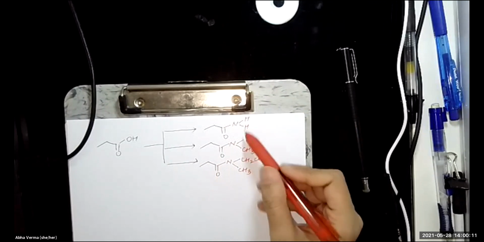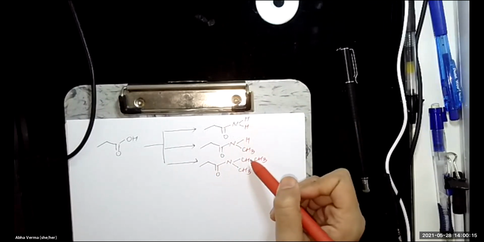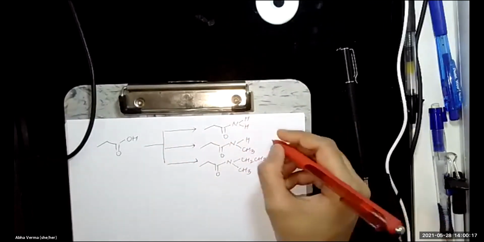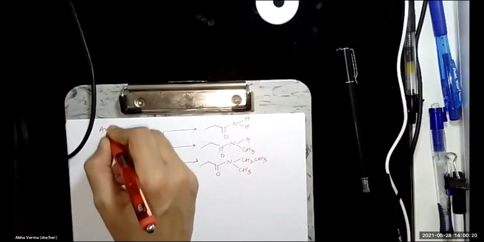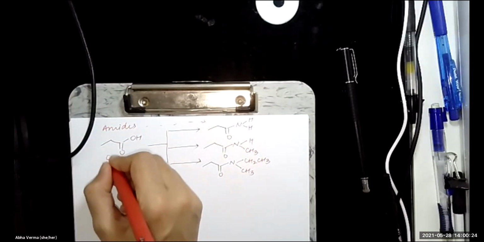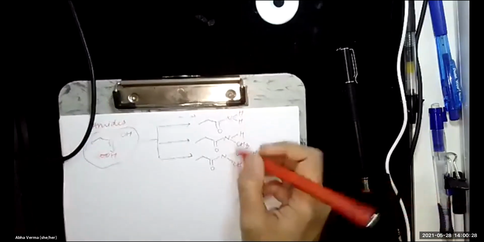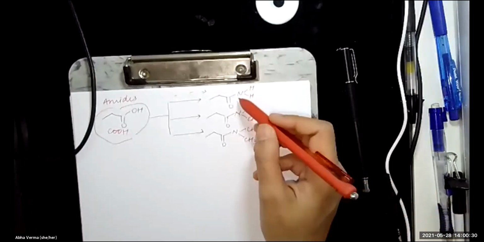Instead of just writing R or H, I have actually given you an example. All of these are known as amides. So I should have written it here. This is my carboxylic acid, and these are amides.